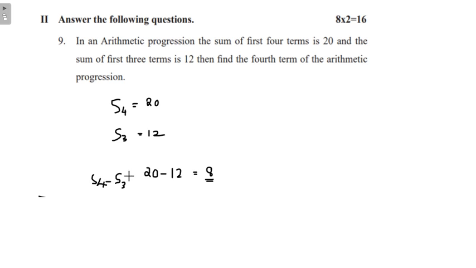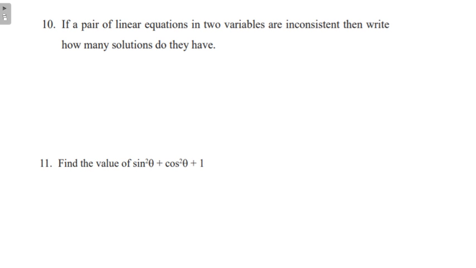Okay. Then next, moving on to the next question. If a pair of linear equations in 2 variables are inconsistent, then write how many solutions they have. So if you want to know whether a pair of linear equations is consistent or inconsistent, you know that you have to compare the ratios.